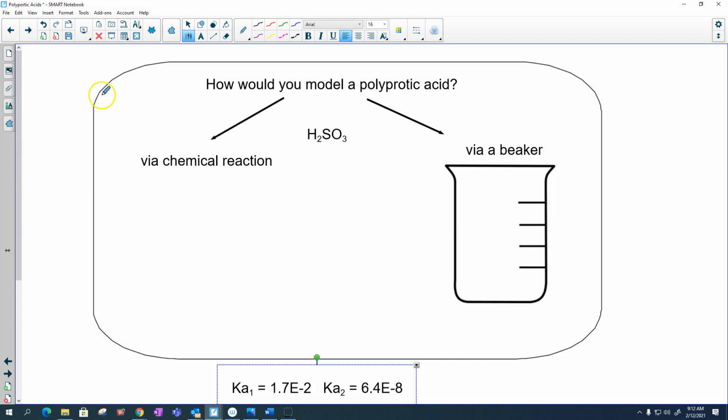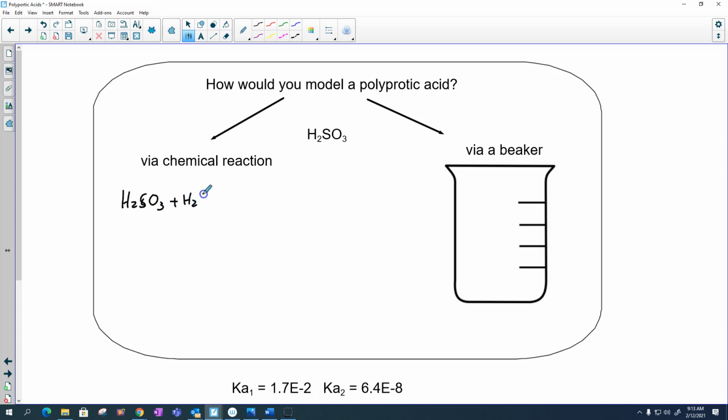Alright, so how would you model a polyprotic acid? Okay, like how would I describe it? Well, let's say, for example, sulfurous acid. This acid has the ability to donate 2 H's. So how would I describe that using chemical reactions? Okay, well what I would do is I'd say, okay, well H2SO3 plus water.